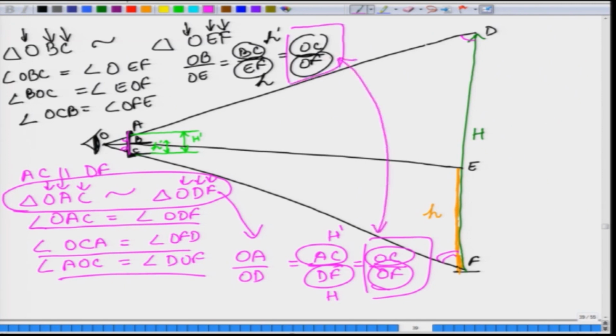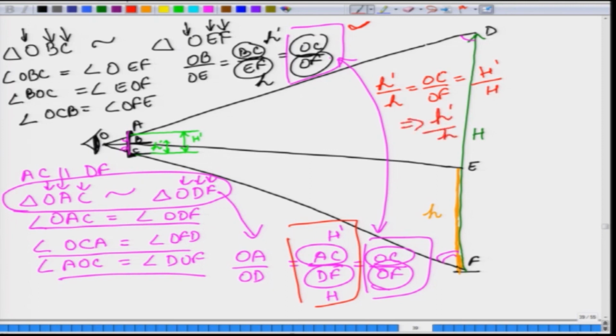So, from this equation you get that h prime by h is equal to OC by OF, and this OC by OF is also equal to capital H prime by capital H, which would give you the relation that h prime by h is equal to capital H prime by capital H.